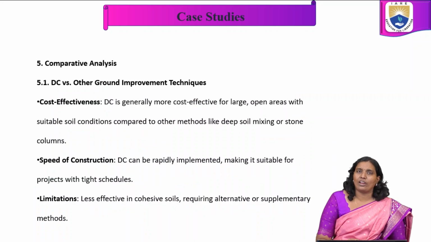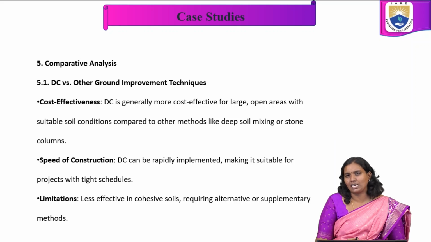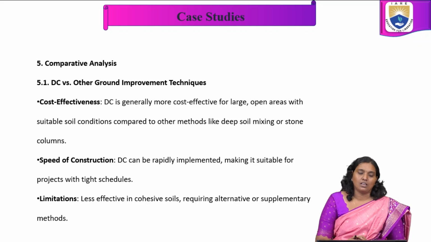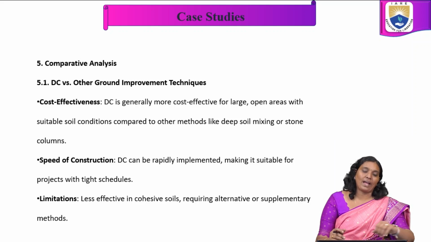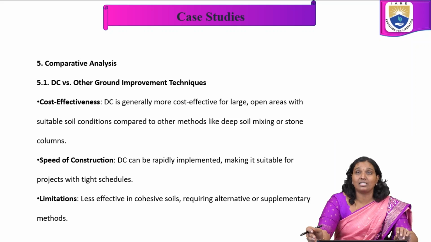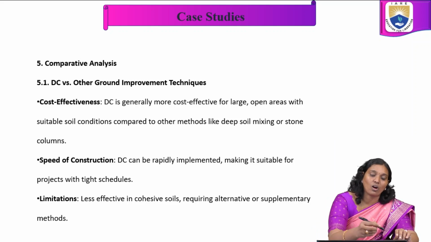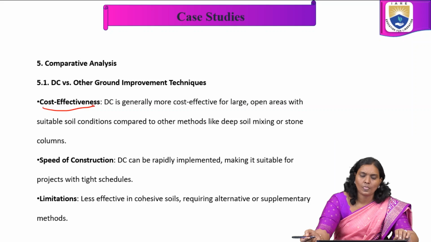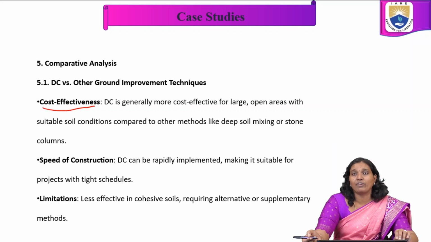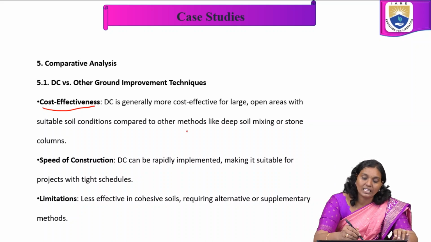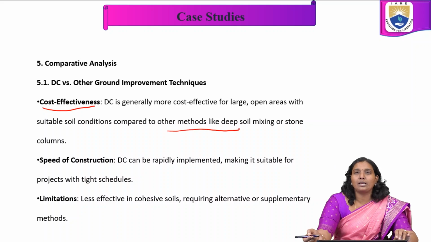In comparative analysis, we have different types of ground improvement techniques other than dynamic compaction. So now we are going to compare dynamic compaction versus other ground improvement techniques, starting with cost effectiveness. Dynamic compaction is generally more cost effective for large open areas with suitable soil conditions compared to other methods like deep soil mixing or stone columns.